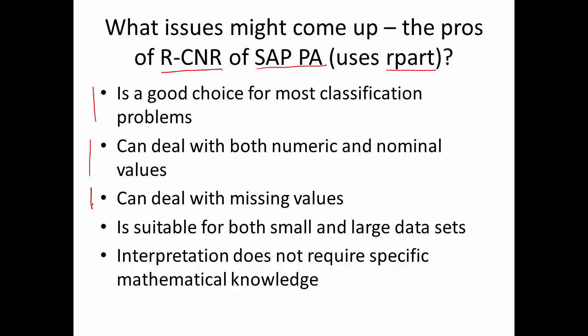It can also deal with missing values, and that's an important thing because missing values are going to pop up in our databases. It's suitable for both large and small data sets, so especially large, of course. So we have the option of really running a lot of data through it. And interpretation doesn't require specific mathematical knowledge. So that's a good side always of considering decision trees.